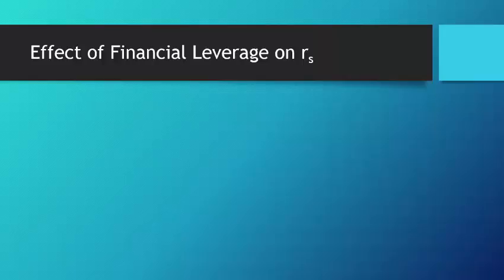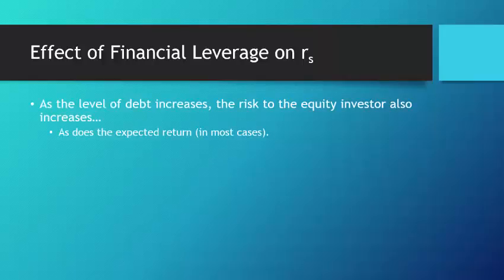And with this one, though, we want to see how to make those adjustments to our required rate of return to our stockholder. As it turns out, as the level of debt increases, the risk to the equity investor also increases.